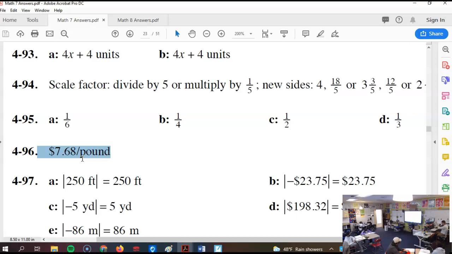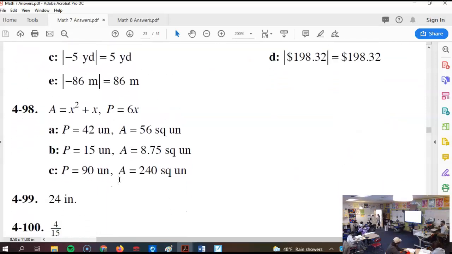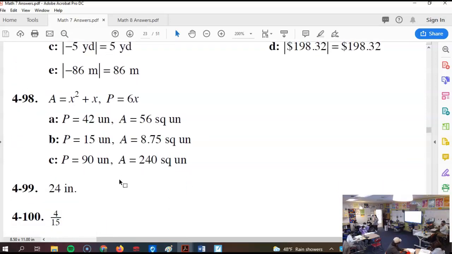Unit. Unit rate. One. It's on the test you're about to take. Not that answer, but that sort of thing, what's a unit rate.